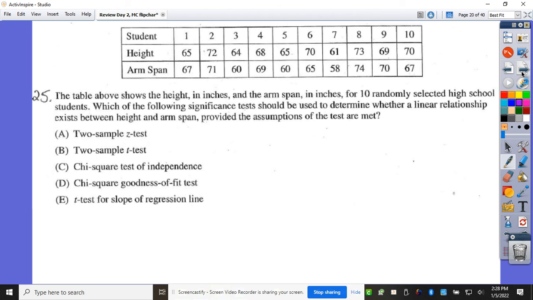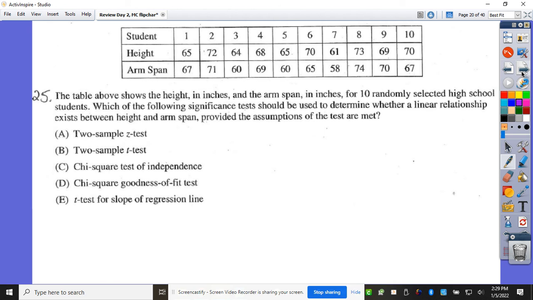I'm going to be more concerned with what we would be looking for in our wrong answers than what the correct answer is here. How many variables are we recording here? 2. Are they categorical or quantitative? Quantitative. So I have 2 quantitative variables.